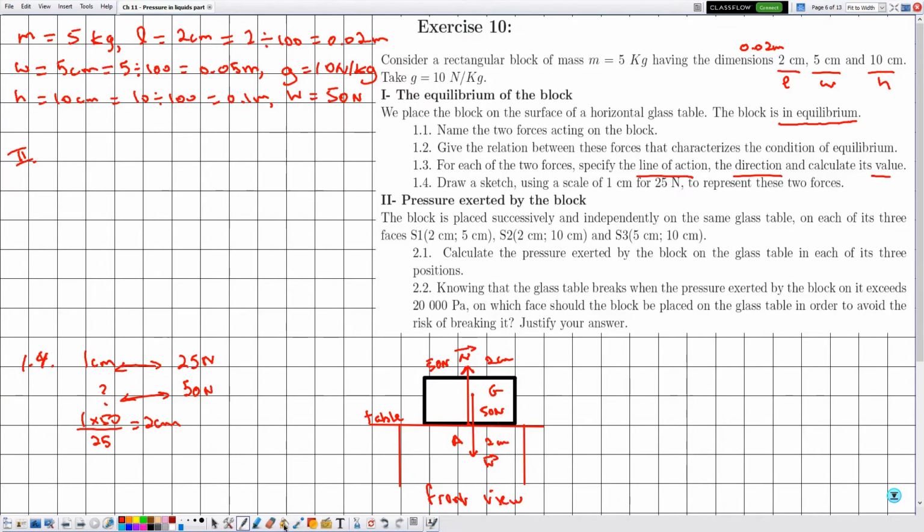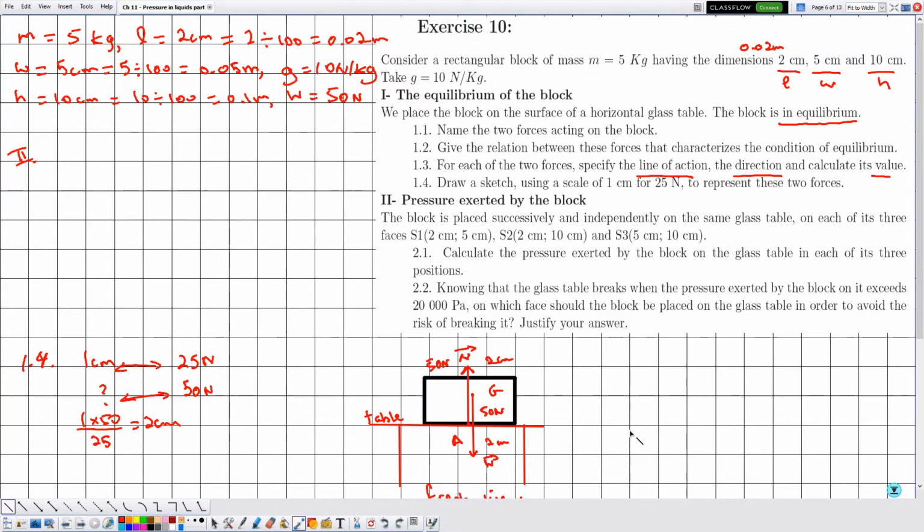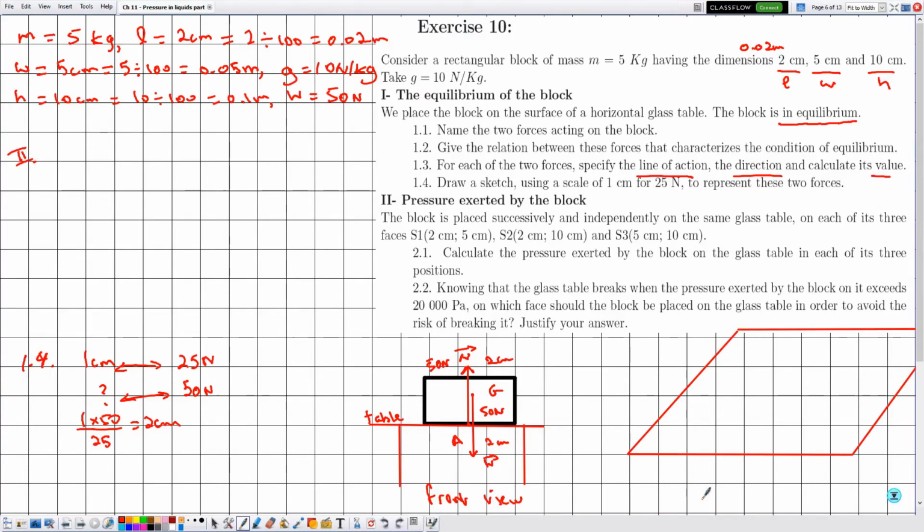Now if you consider the table in 3D, this is the table. So now the rectangular prism in 3D is given by, say for example, like this.